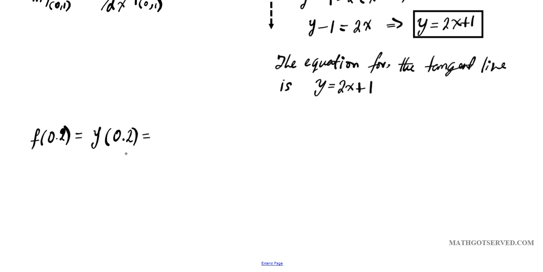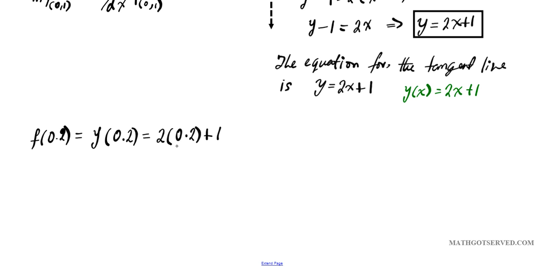Okay, so what is y evaluated at 0.2? Remember, y equals 2x plus 1 is the same thing as writing y of x equals 2x plus 1, since x is the independent variable. So y of 0.2 is what? It is 2 times 0.2 plus 1. How did we get this?